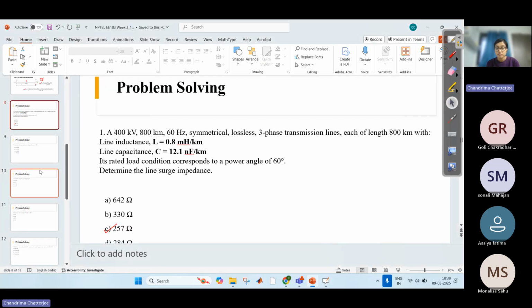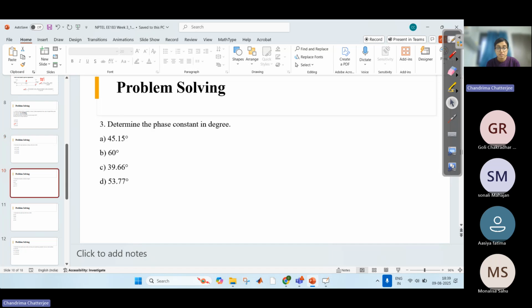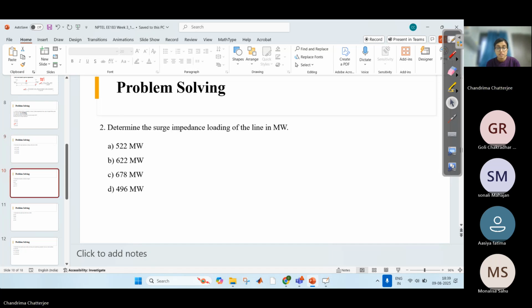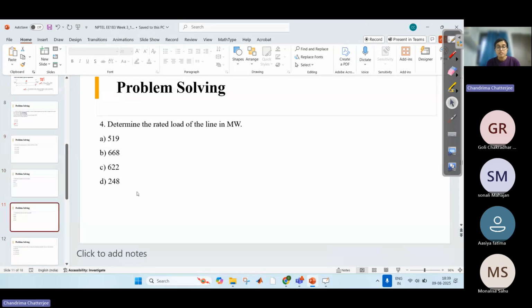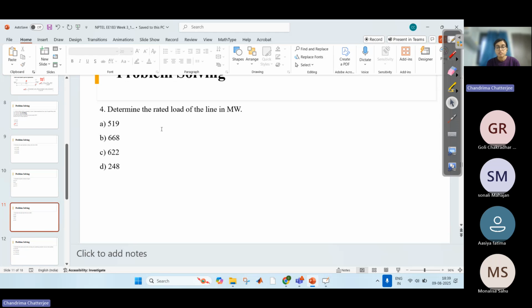So do we have 669 here? Yeah. So option B, 668. So close enough. That would be the rated load of the line in megawatt.